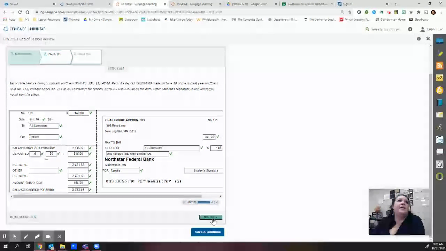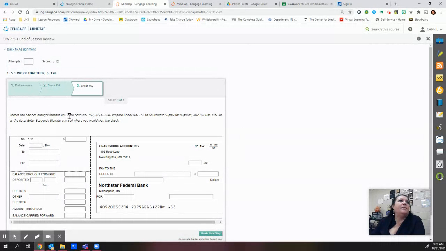Now let's go to the next step. We're going to bring forward this amount to here, $2313.88, which was what our balance was on the last one. And we are going to write this check for $62, and it is going to be on June 30th, and it's to Southwest Supplies.